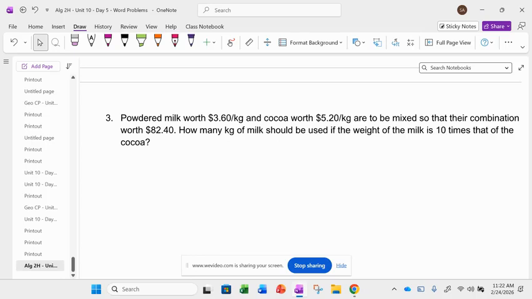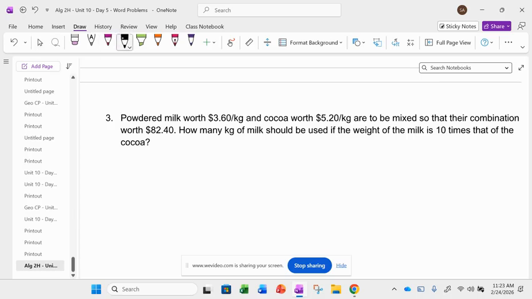All right, powdered milk worth $3.60 per kilogram and cocoa worth $5.20 per kilogram are to be mixed so that their combination is worth $82.40. How many kilograms of milk should be used if the weight of the milk is 10 times that of the cocoa?